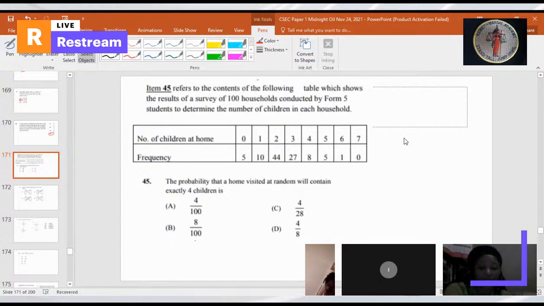Look at the table and tell me how many households have exactly 4 children. Oh, 8. Right. So you'd have to put the 8 over the 100. 8 over 100. Right. So that would be B.